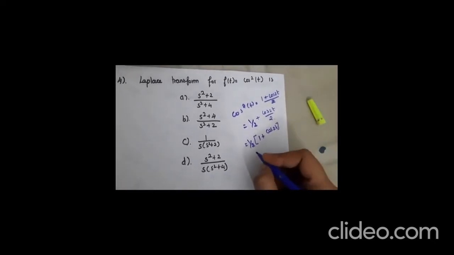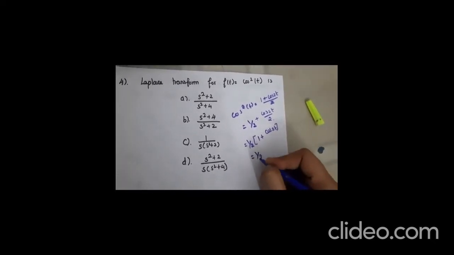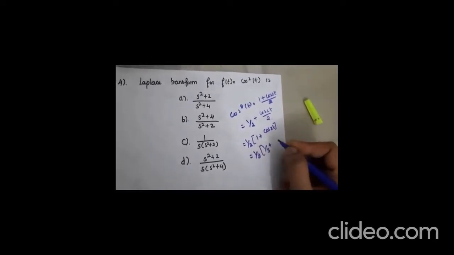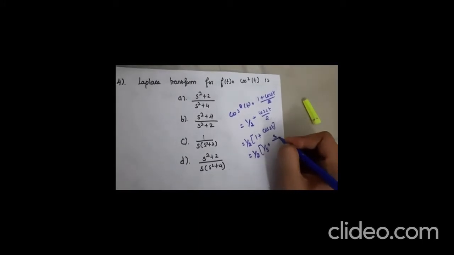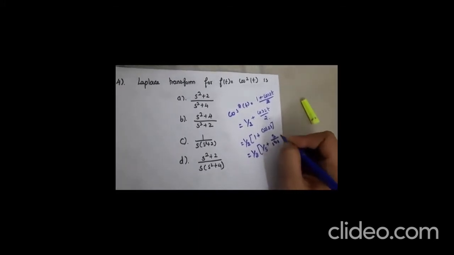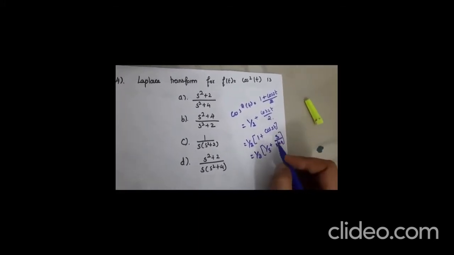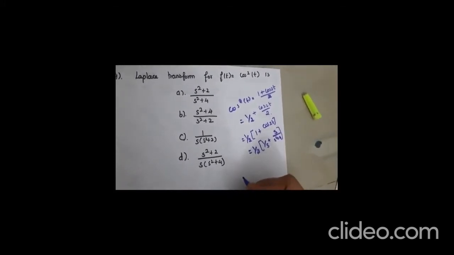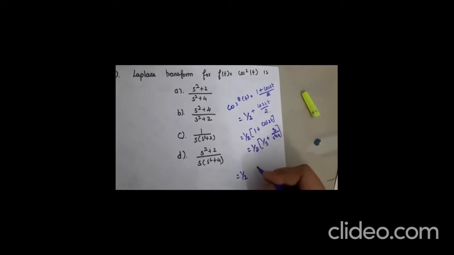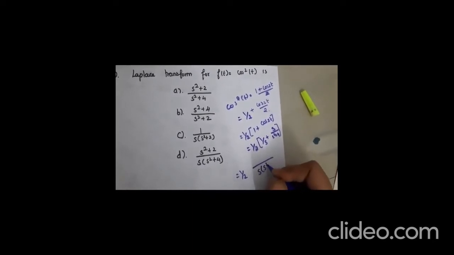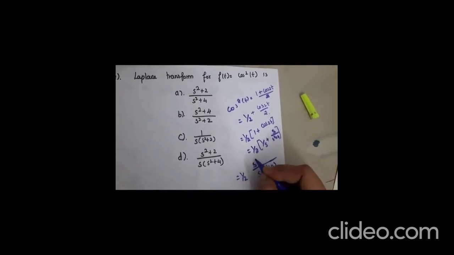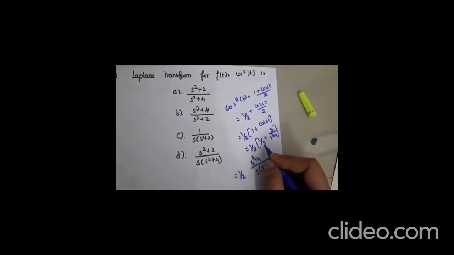So now taking Laplace transform. For 1, the Laplace transform is 1 by s, and for cos 2t, that is s divided by s square plus 4. Now if you take the LCM, this becomes s into s square plus 4, and s square plus 4 for the 1, and here plus s square.